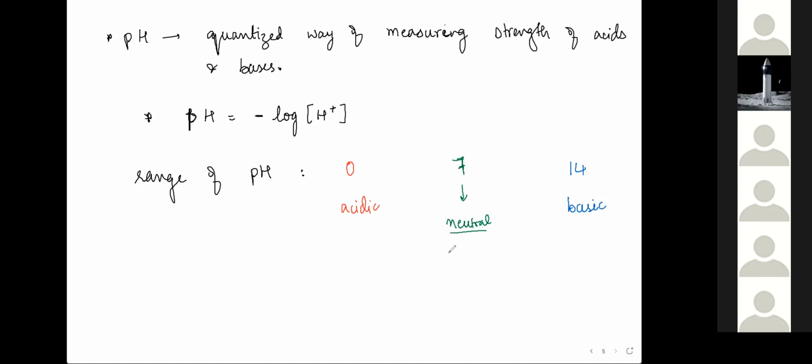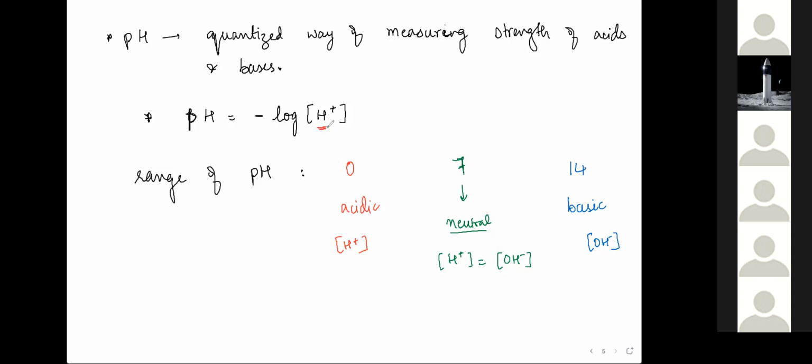Neutral, as we've seen earlier, is when H+ is perfectly equal to OH-. Basic is when you have mostly OH-, and acidic is when you have mostly H+ ions. So pH is a measurement of how many H+ ions you have.